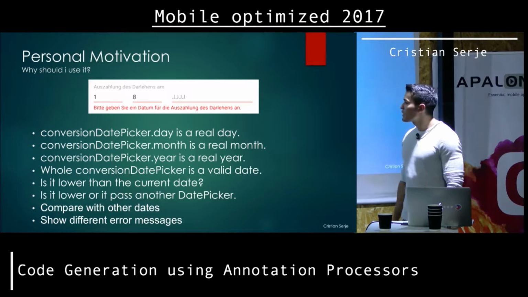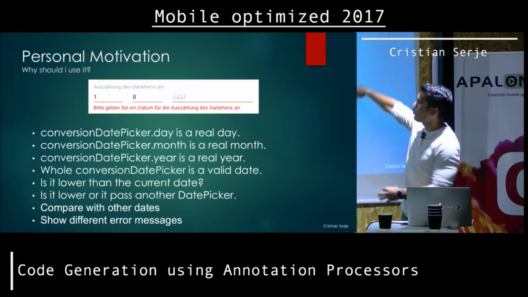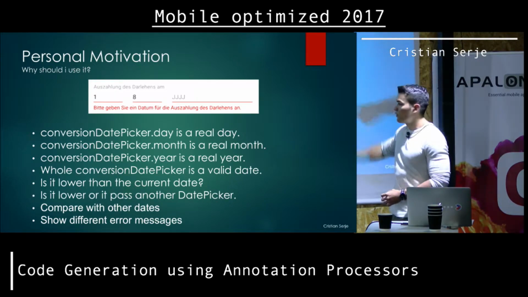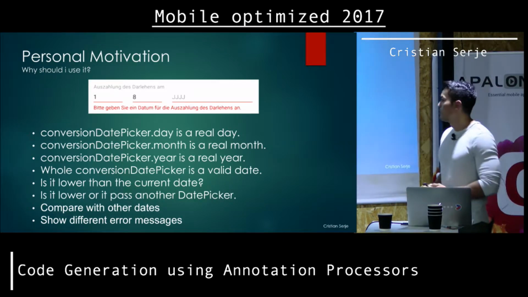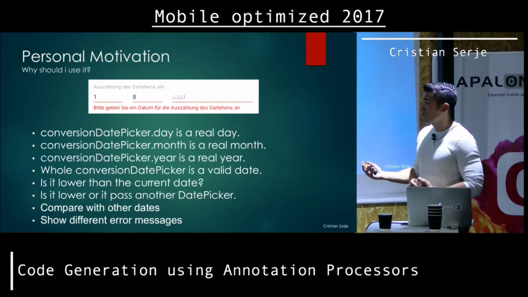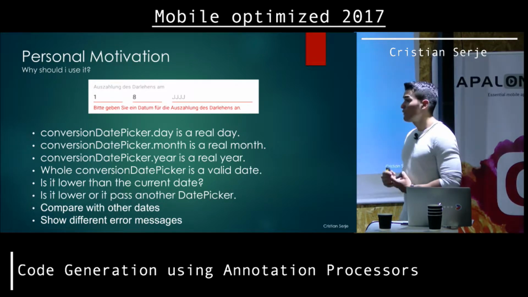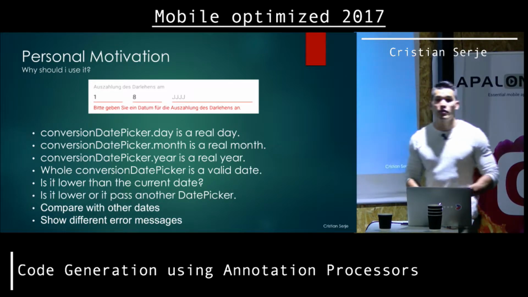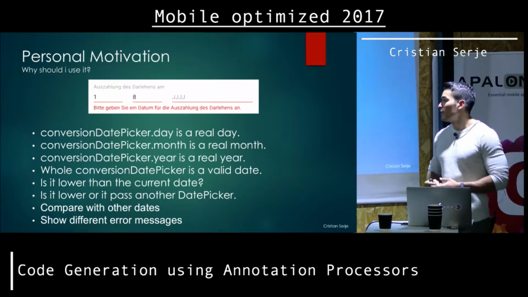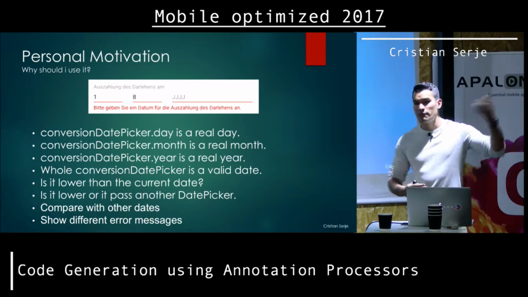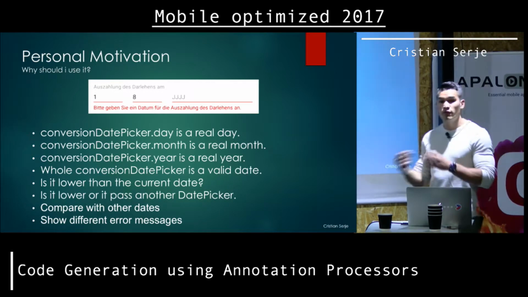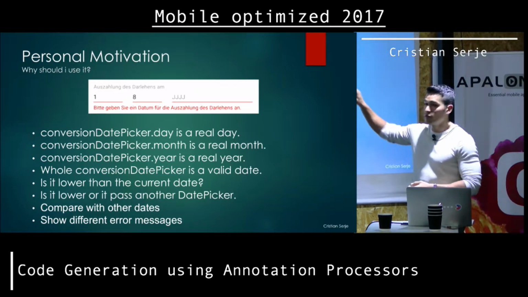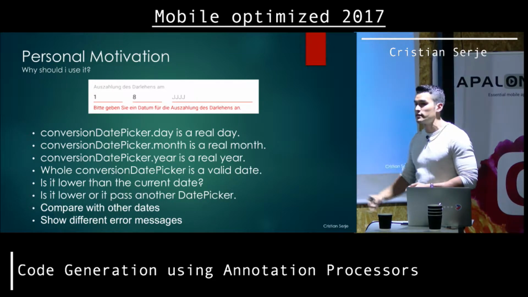The year as well, and I had to check if the whole text is a real valid date, so it could not be, I don't know, 31 of February. It also had constraints: I should verify if it's lower than the current date, maybe show an error. If it's lower than another date picker, also show another error, and compare dates and show different error messages depending on which constraint it failed.